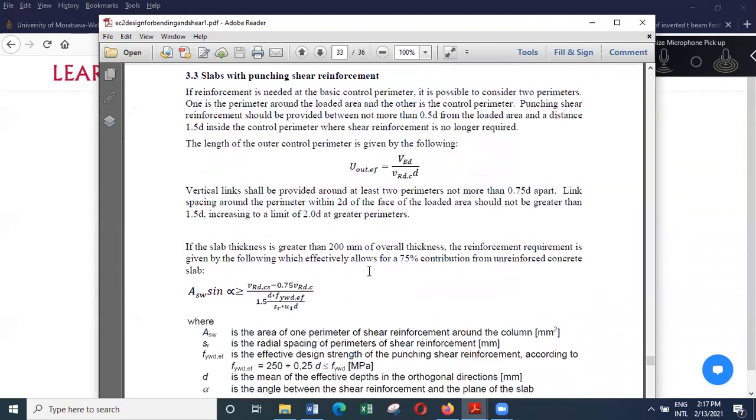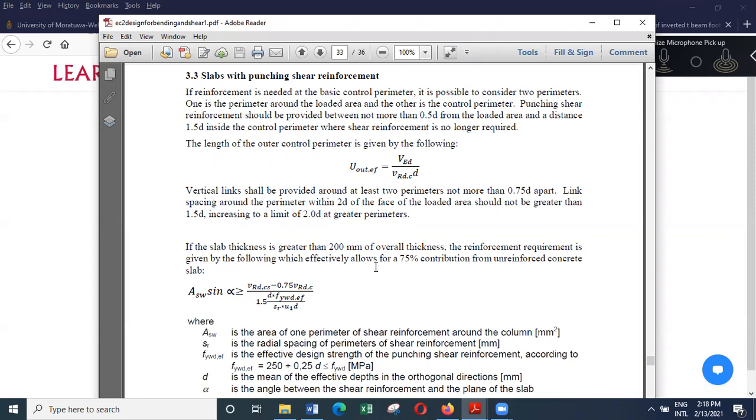And then we also looked at an example on how to calculate the punching shear reinforcement when it is needed. And we learned that we have to provide the last perimeter within 1.5 D of the perimeter where you no longer need punching shear reinforcement.